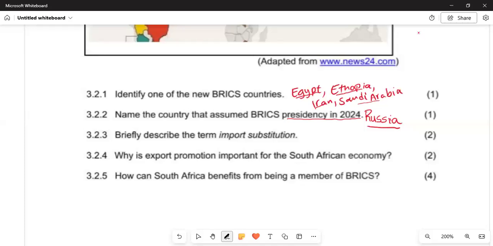Briefly describe the term import substitution.